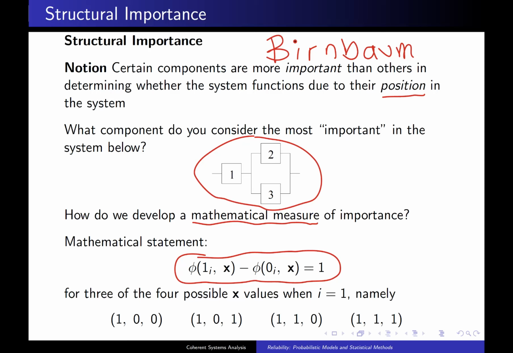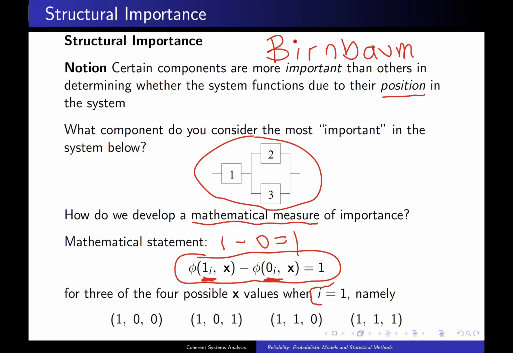The only way to have that happen is to have a 1 for the first term and a 0 for the second term, which will give you a 1, which is to say, when there is a 1 in the ith position and when there is a 0 in the ith position, the system goes from operating to failed.